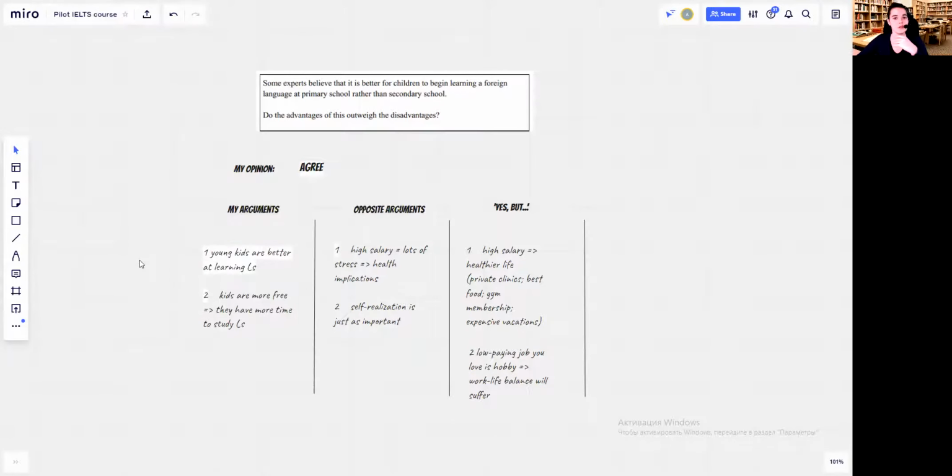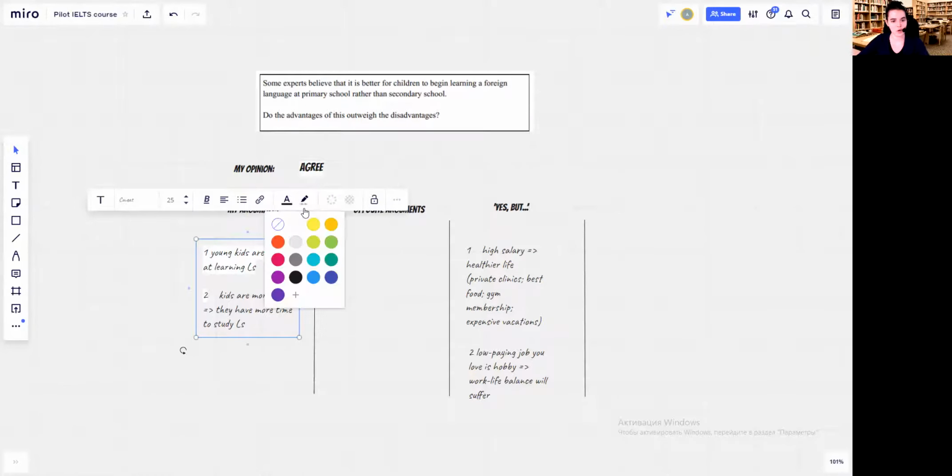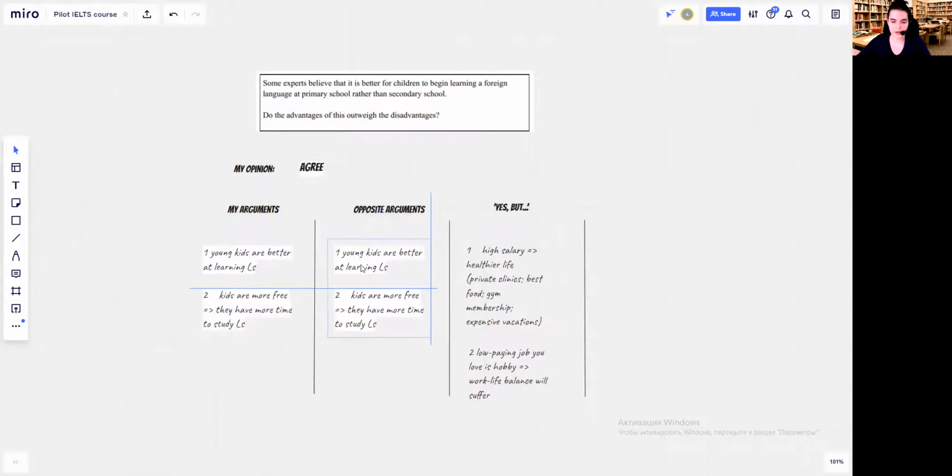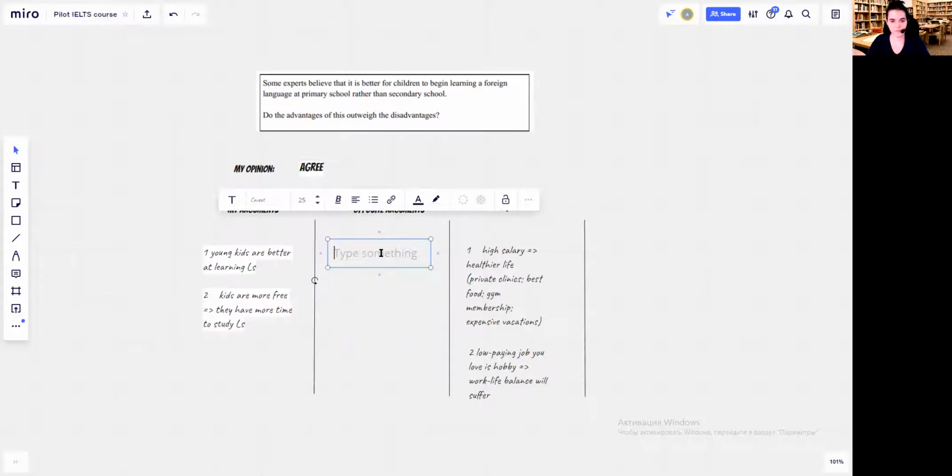Now, to present a balanced view, we need to consider counter-arguments. So someone who thinks disadvantages outweigh. What disadvantages have we got? Now, what disadvantages are there for young children to begin learning a foreign language at primary school rather than secondary school?